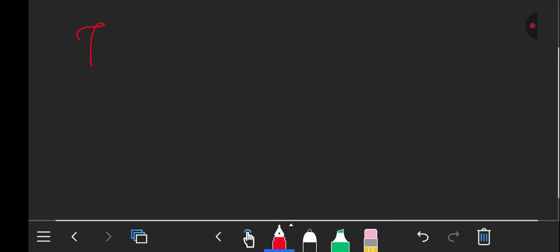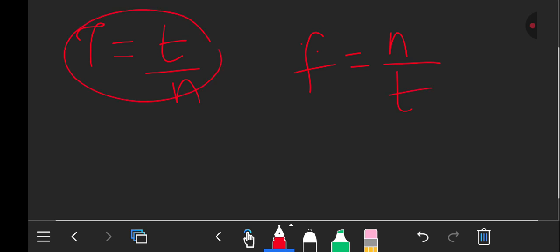Period is the time taken over number of oscillations, and frequency is the number of oscillations over time. With frequency, we are just interchanging: number of oscillations goes on top, then the time comes at the bottom. So we can say that frequency is just the inverse of period.